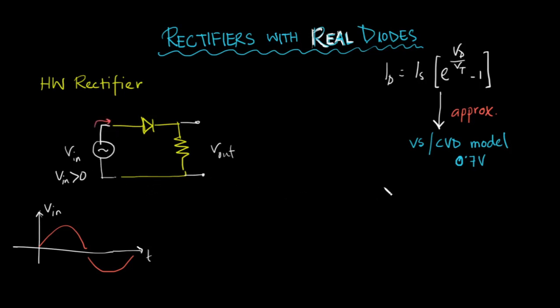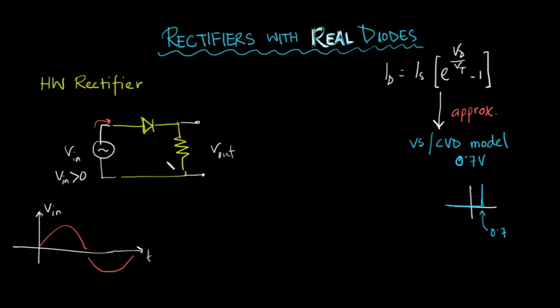But we know that a real diode needs 0.7 volt to turn on. So if we have an IV characteristic like this, where this voltage is 0.7 volt, the diode will not turn on if we apply a voltage less than 0.7 volt.